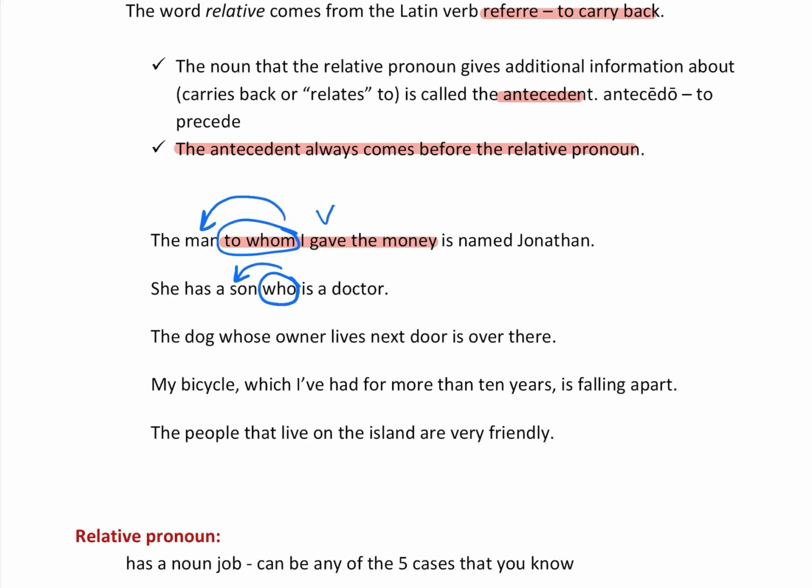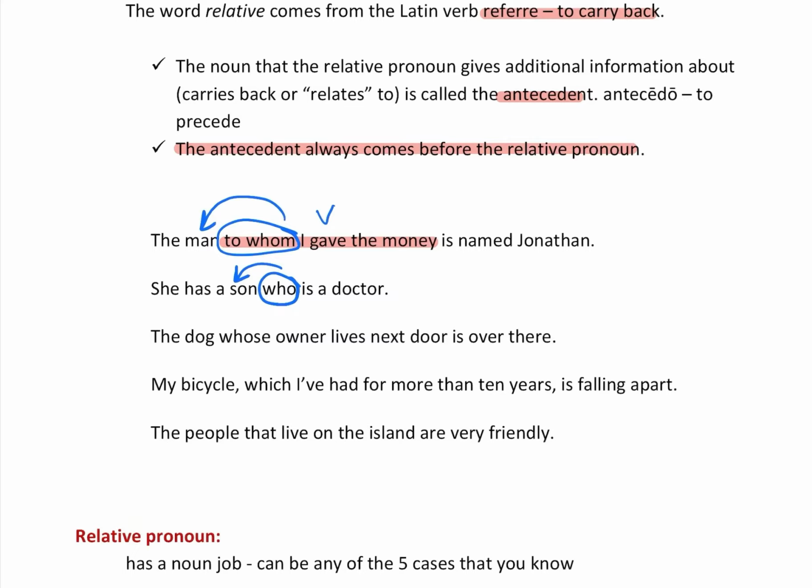And if you're not sure what the antecedent is, then you put who in there. You can either put the son is a doctor, or she is a doctor. Does that change the meaning of the sentence? Yes. So we know that son is the person that the who is referring to.